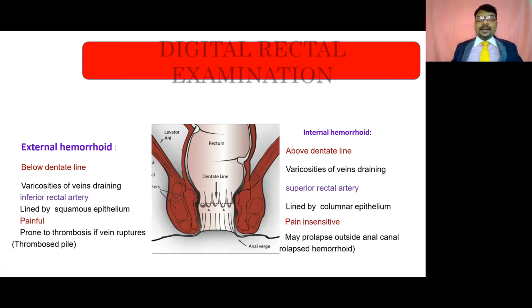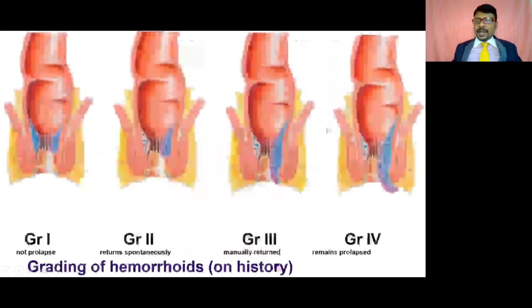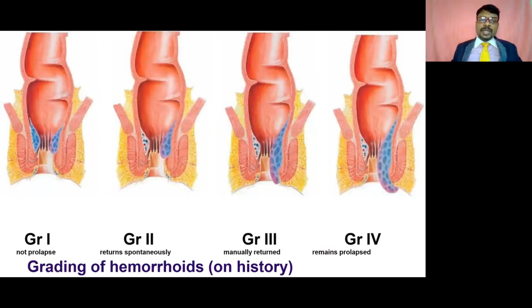If you see the classification of the severity of hemorrhoids, we can see four grades. Grade one does not prolapse; it stays in the rectum.